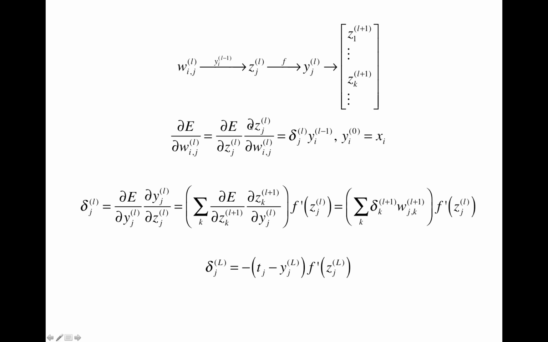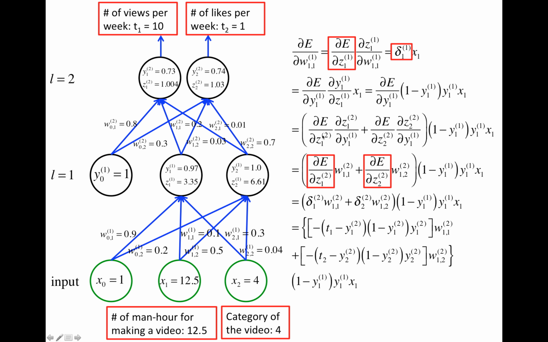So partial z^L_j partial W^L_ij just equals y^(L−1)_i, the output of the ith neuron in layer L−1. So what if L equals 1 in our simple case?